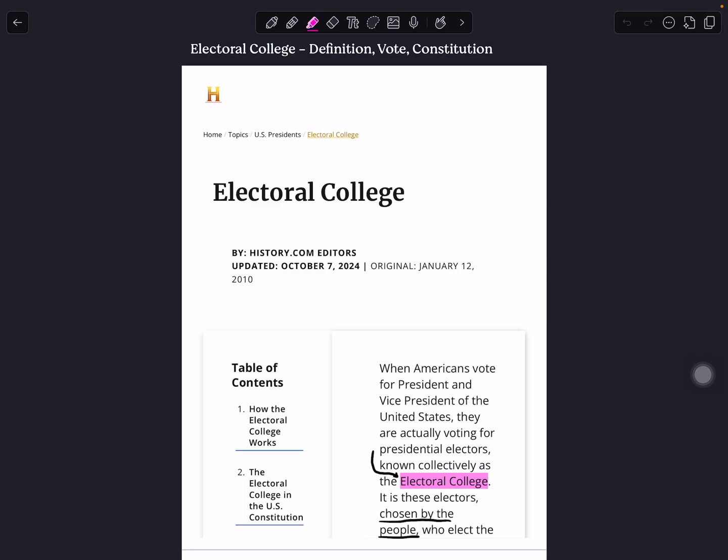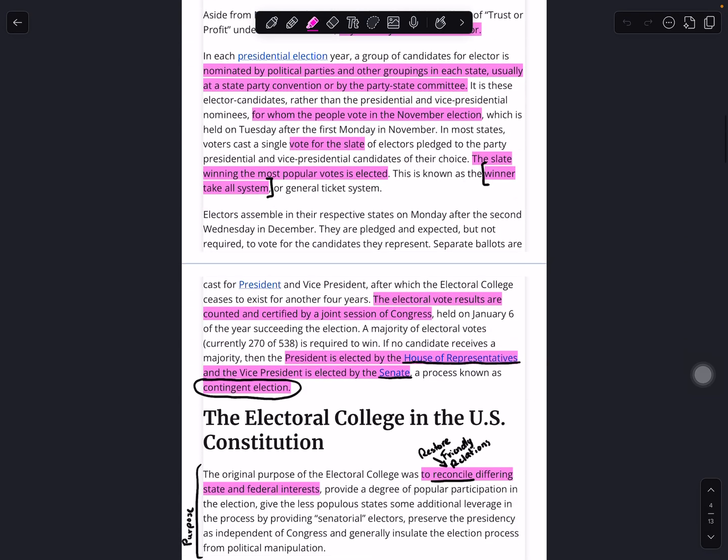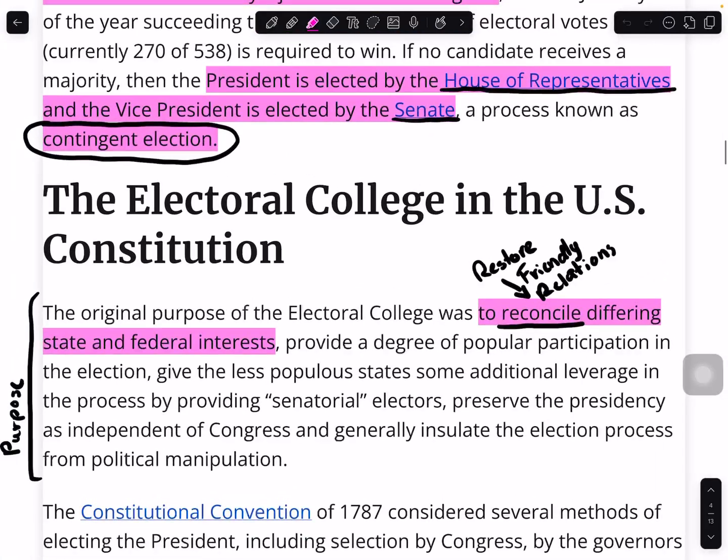So why did the authors of the Constitution create this system? I'm going to scroll down here, right here, restore friendly relations, differing state and federal interests. So the authors of the Constitution created this system to create a balanced system in the framework of the framers' beliefs that protects against direct democracy while ensuring that all states have a role in the presidential election process.